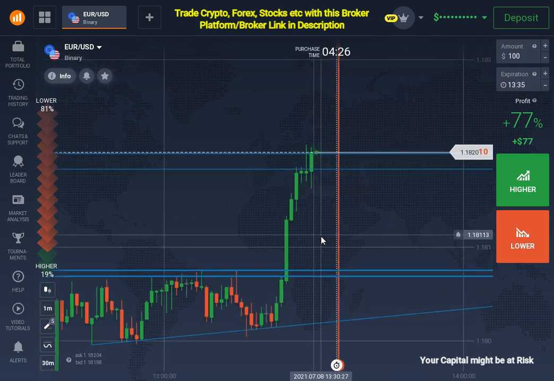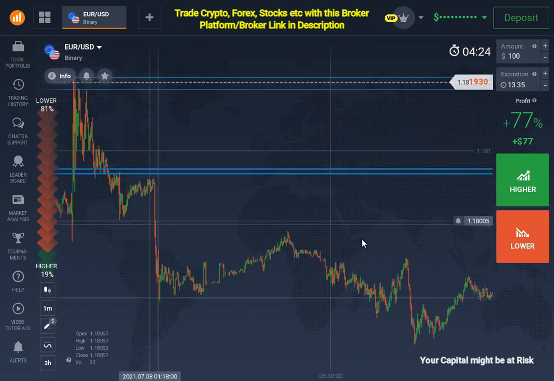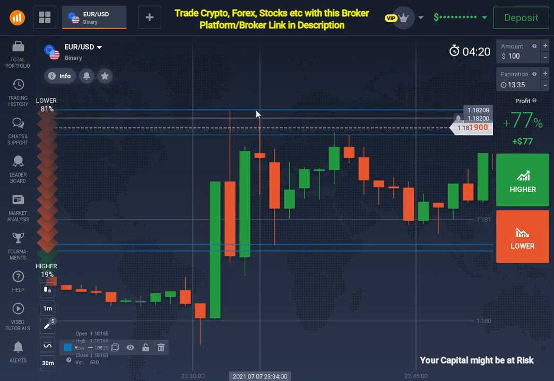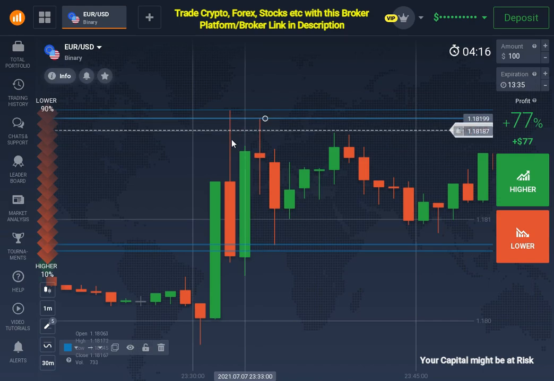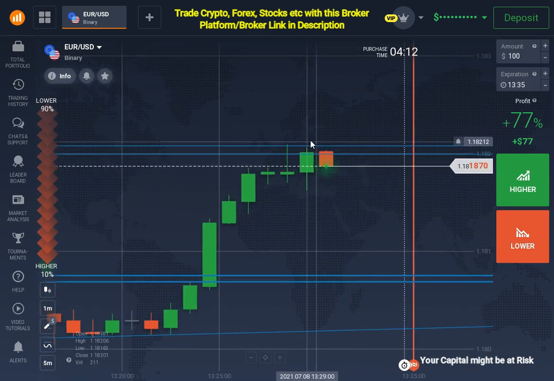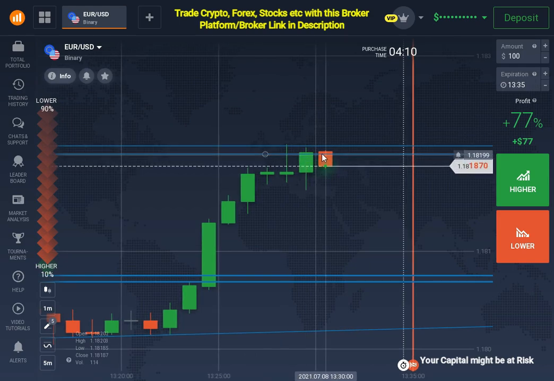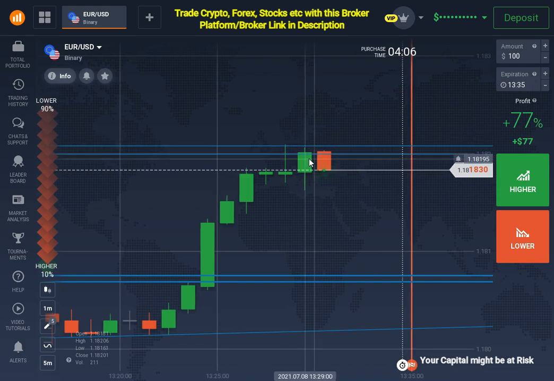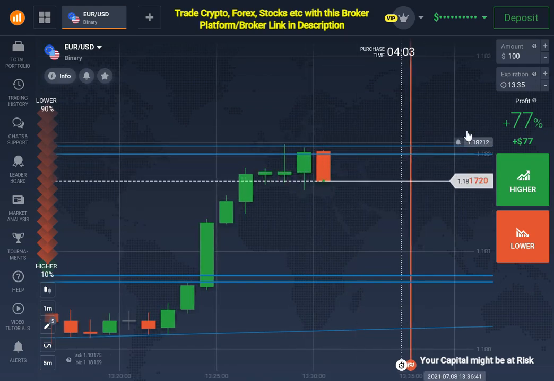You can see, let me include this also. So now we have a level of extreme. You can see market is reversing from that very level. This is the boundary, this is the edge of the resistance level which we are looking at right now.